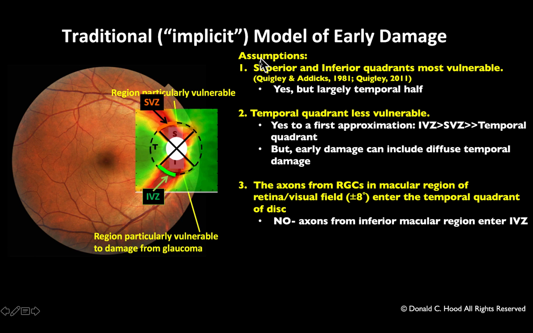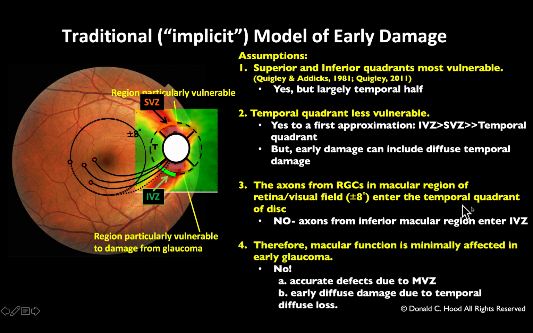Third, the traditional view is that the axons from the ganglion cells in the macular region enter the temporal quadrant of the disc. This is where we differ. Again, no. What we've found is that the axons from this part of the macula enter into the inferior vulnerability zone.